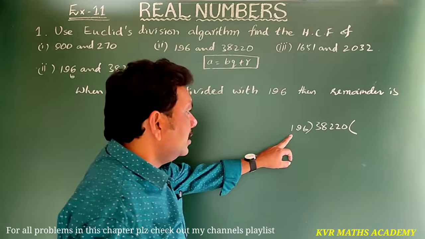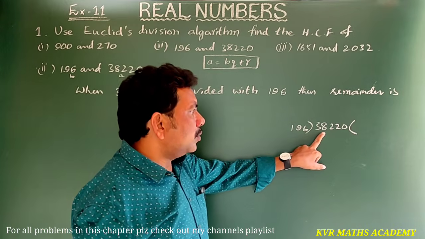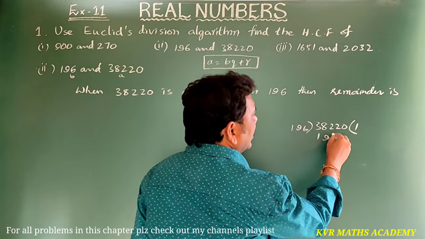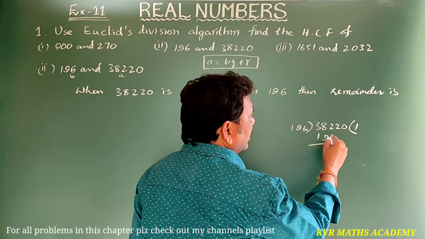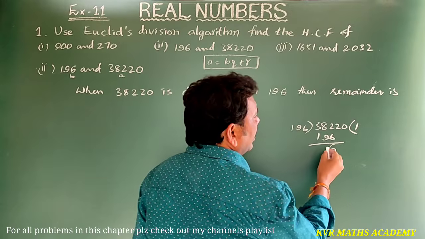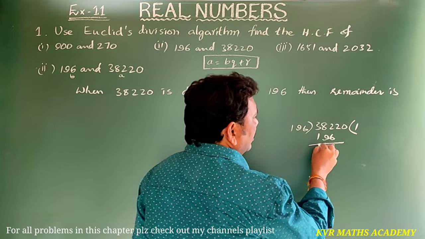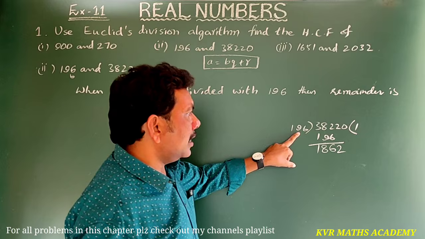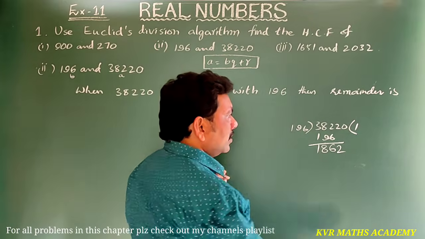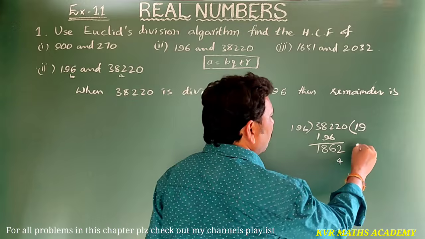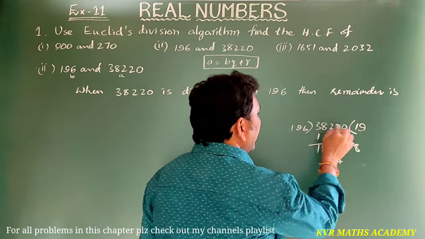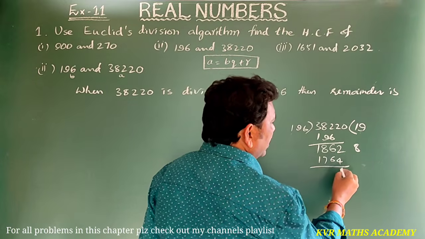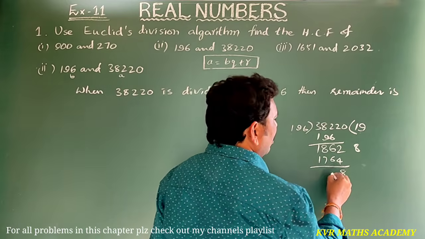How many times does it go? 196 twos will exceed 382, so 196 ones are 196. Subtracting, we bring down the next digit. 196 tens are 1960, and 9 times gets cancelled. 9 sixes are 54, 9 nines are 81, 9 ones are 9.